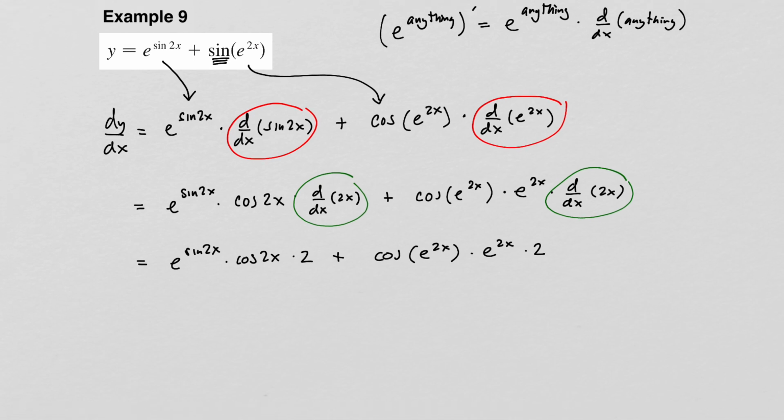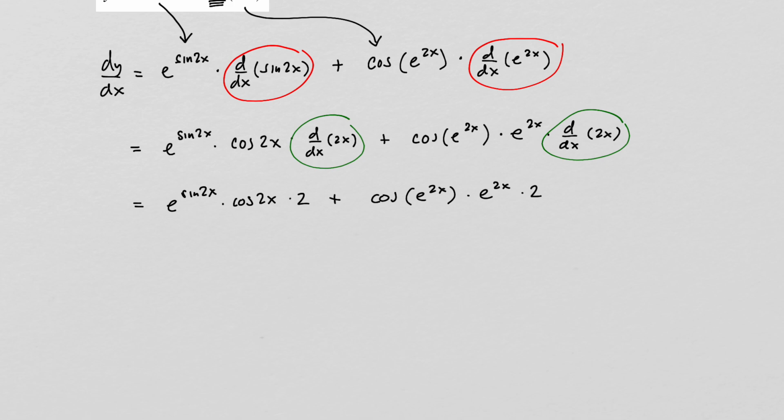And then the way I like to express these is by putting my constants to the front. So we're going to move the 2 to the front here, and I'm going to move this 2 to the front, and I'm also going to put my exponential function in front of my trig function.